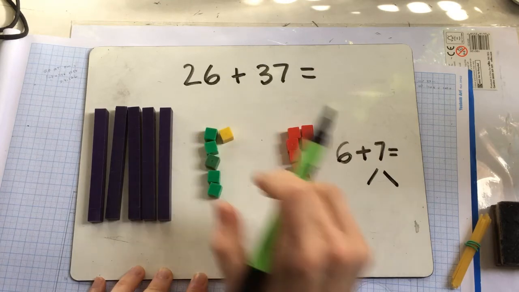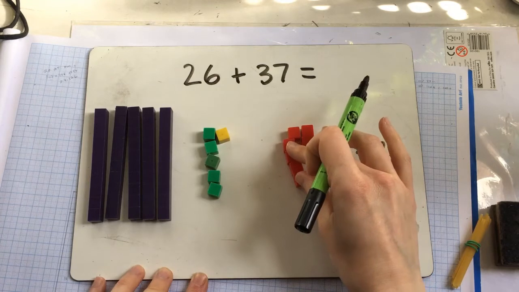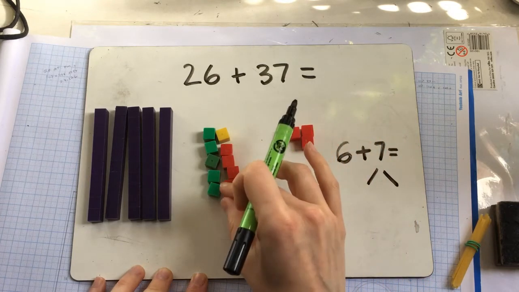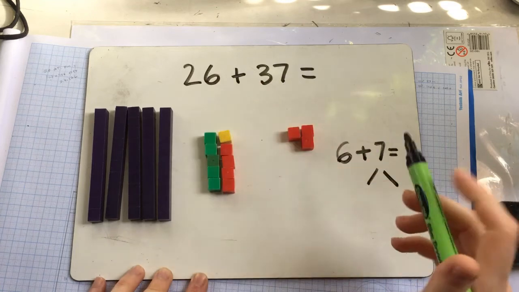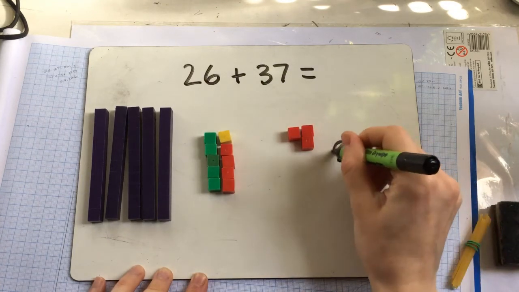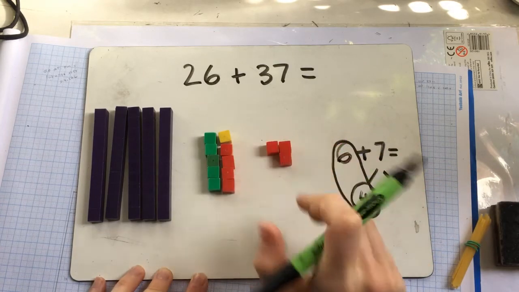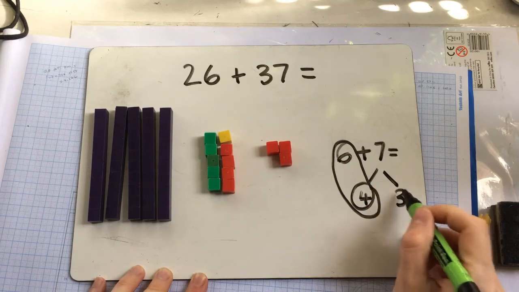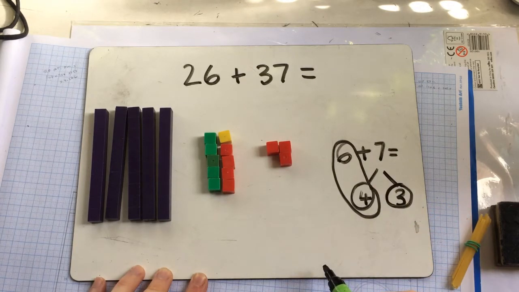So if I know that I've already got 6, then I know that I'm going to need to move across 4 in order to make 10. And then now that I've made 10, it's easy to see that I've got 3 left over, and I know that 4 and 3 make 7.